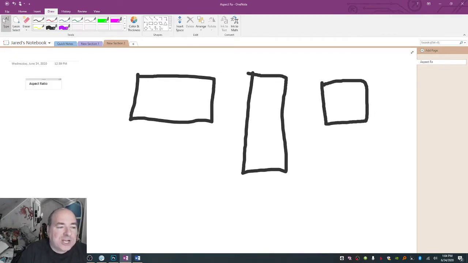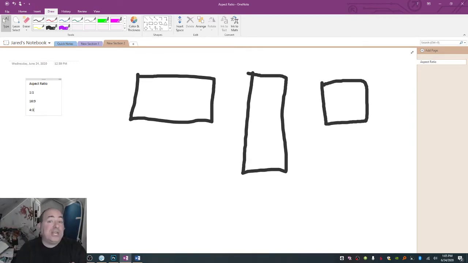The aspect ratio is the relationship between the width and the height. So the aspect ratio of a square is 1 to 1. And by the way, if you're using a standard computer monitor, the aspect ratio that you're looking at is 16 by 9. Older computers had an aspect ratio of 4 by 3. Now, the aspect ratio can be gleaned from the resolution.